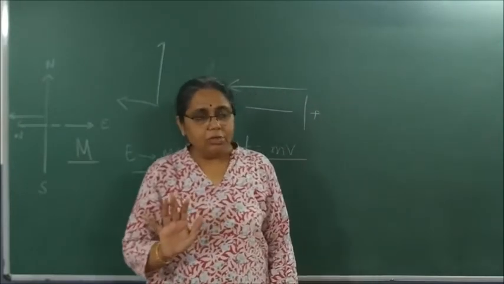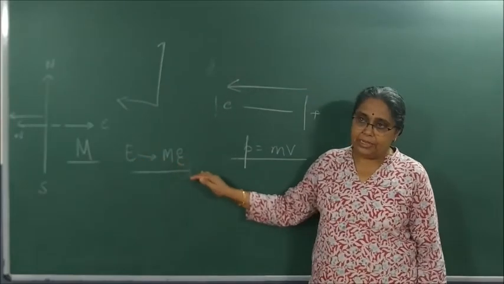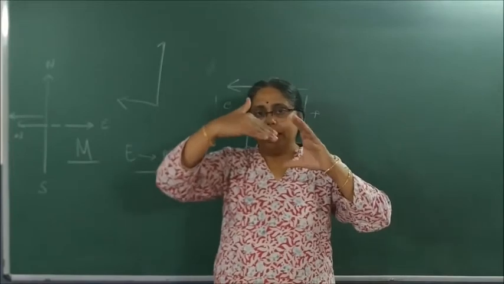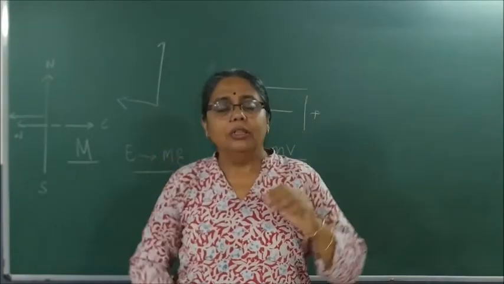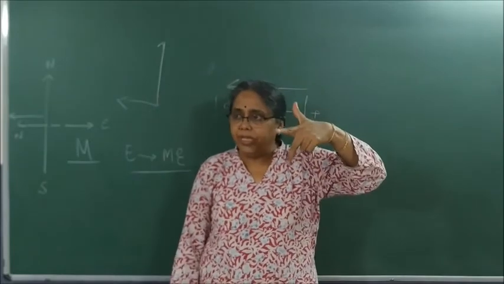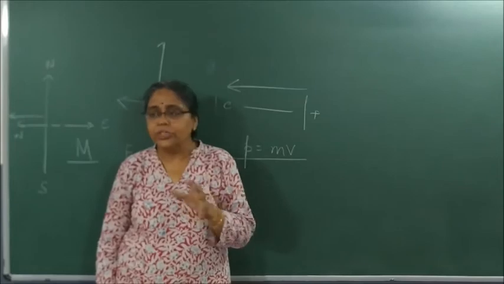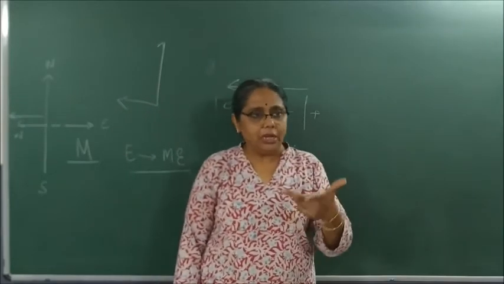So understood? It is a device which converts what? Electrical energy to mechanical energy. What is the principle of electric motor? That when a current carrying conductor is placed in a magnetic field, it experiences a force. The direction of which is given by what? Fleming's left hand rule. If they ask you to state Fleming's left hand rule, generally in that 5-mark question they never ask you to state. But if they ask you to state, you know.